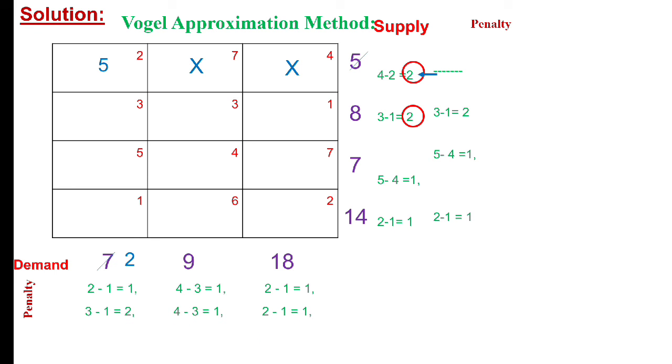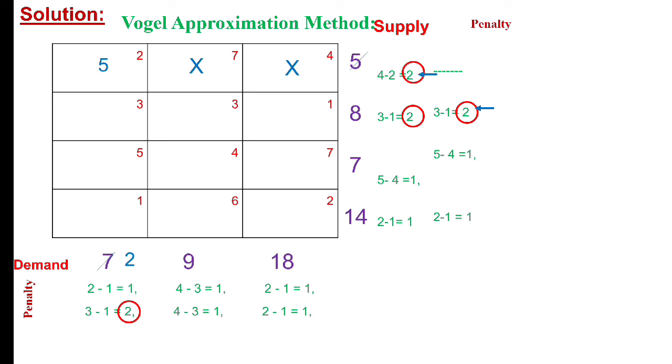Then we take the third penalty. First row filled, second row filled, third row 5 minus 4, 1, 6 minus 4, 2, 7 minus 2, 5. In that the maximum is 5. So we need to give preference to it.